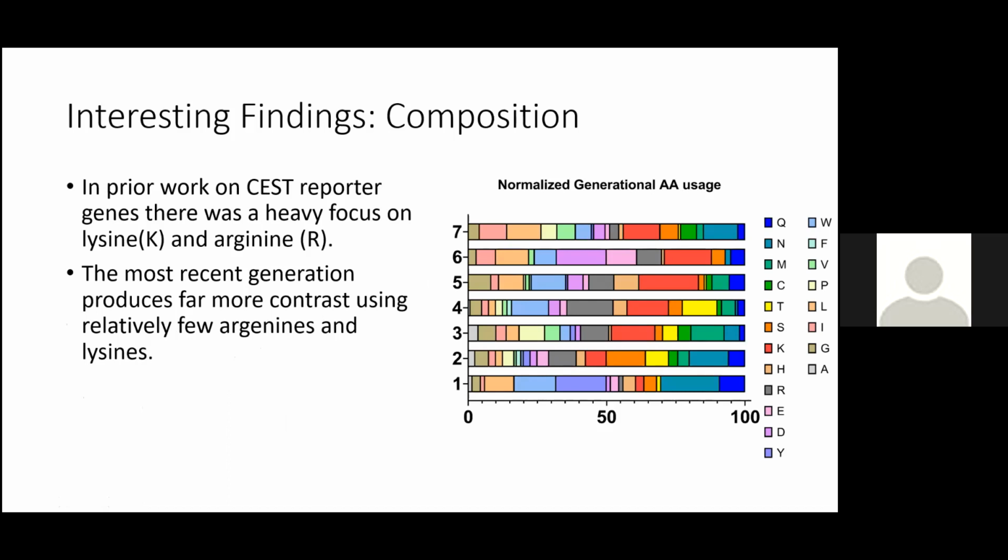And so if you follow the K through the generations, we can see that it slowly grows more, but in the more recent generations, which have been doing better, you'll note that there's less likely for there to be lysine, which is K, and far less likely for there to be the R, which is arginine. And this is interesting because it's not something we would have predicted from prior work in the field.